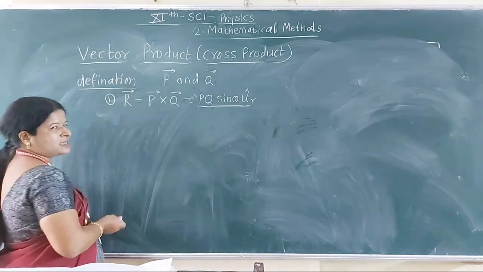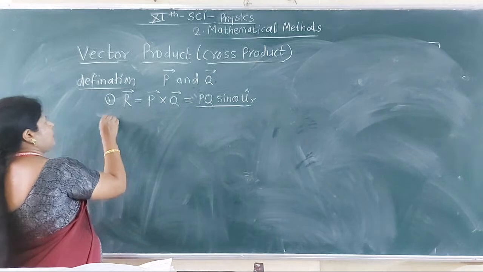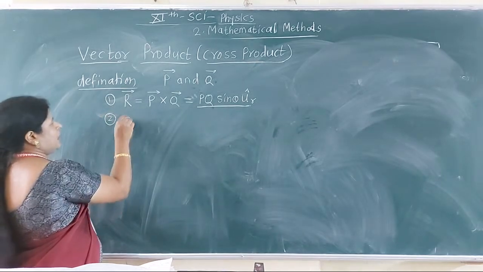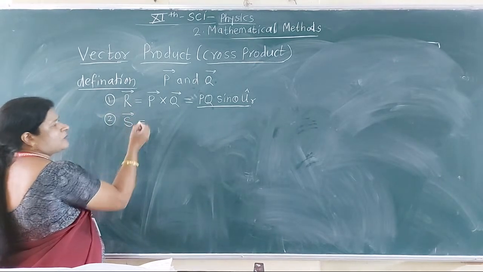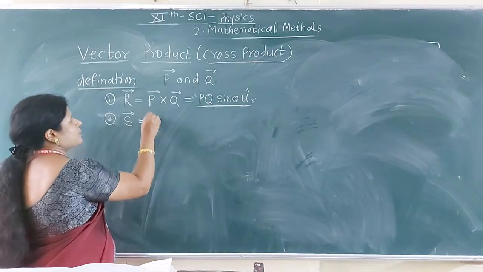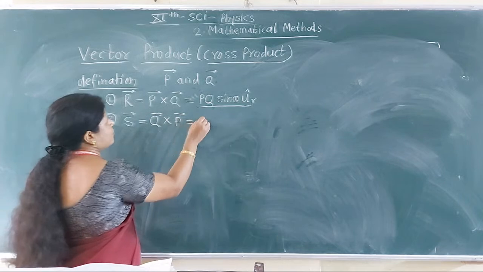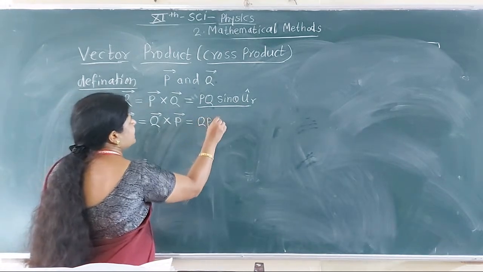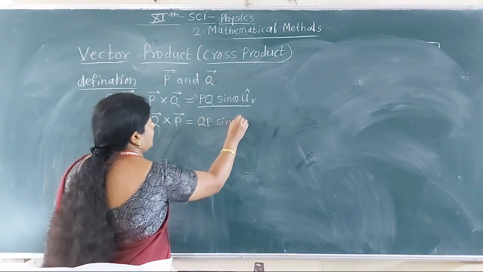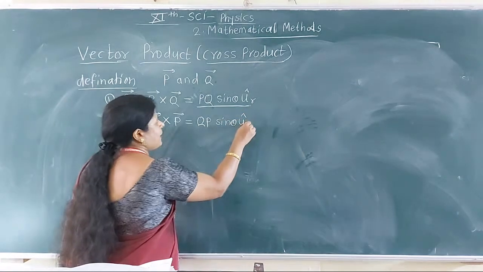This is the first case. Second, if vector S is equal to vector Q cross vector P, it is equal to QP sin theta into u cap S.